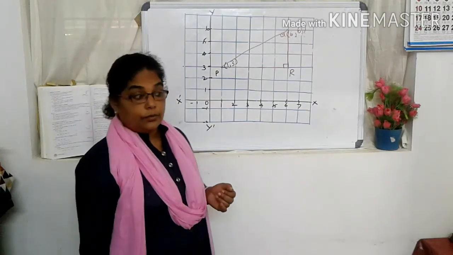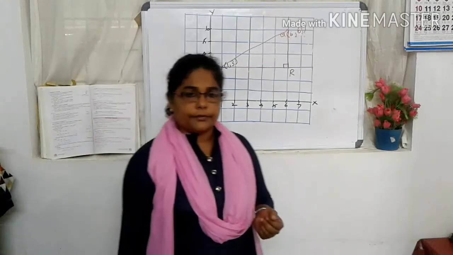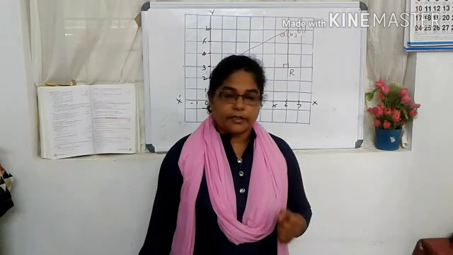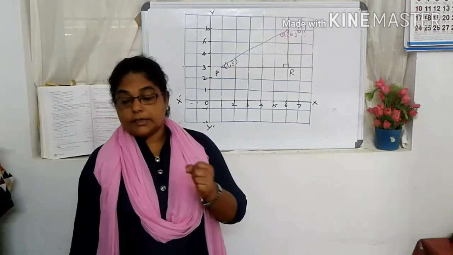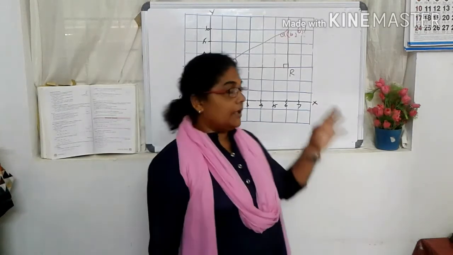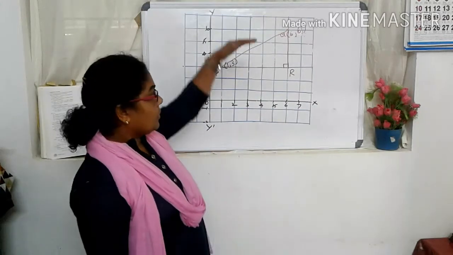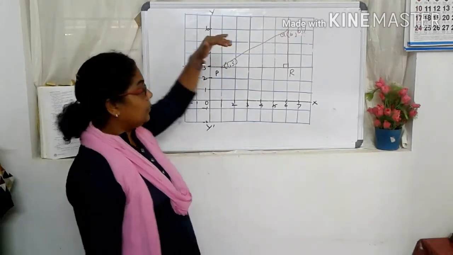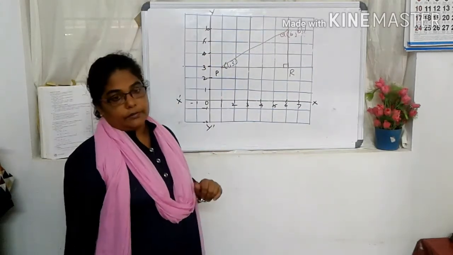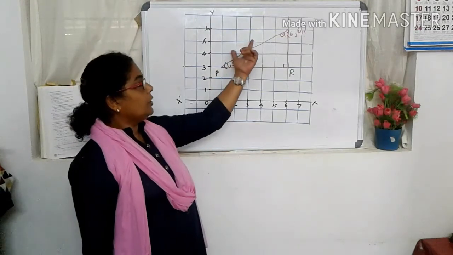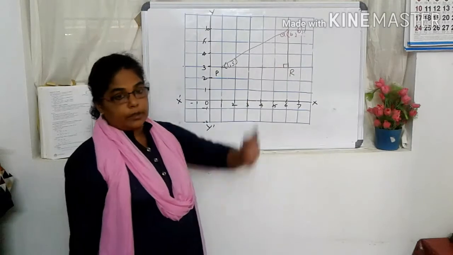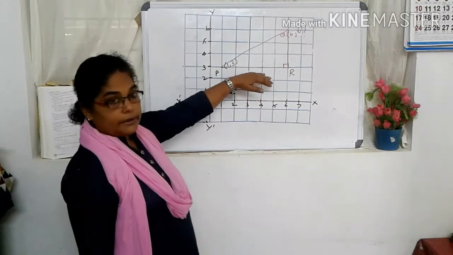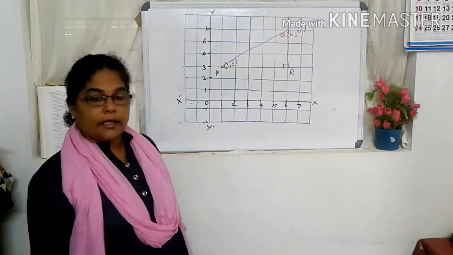Now we get a theorem here. Which is our favorite theorem? Yes, Pythagoras Theorem. We can apply the Pythagoras Theorem to get the length of the hypotenuse. To get it, we need PR and QR. PR is the base and QR is the height.